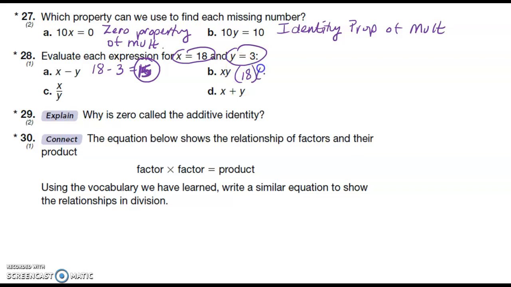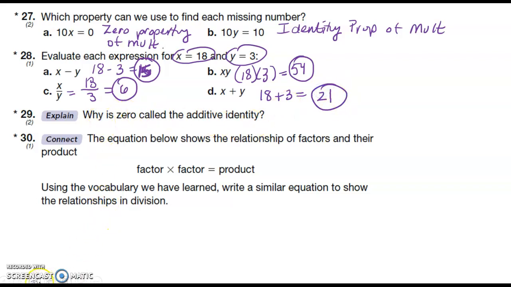So I have 18 times 3. I'm going to grab my calculator for that one. That gives me 54. For C, I have 18 divided by 3, which gives me 6. And then for D, I have 18 plus 3, which gives me, 8 plus 3 is 11. Carry the 1, I get 21.